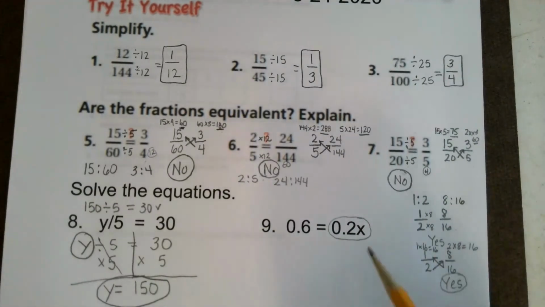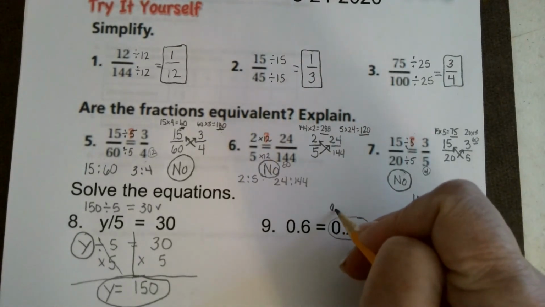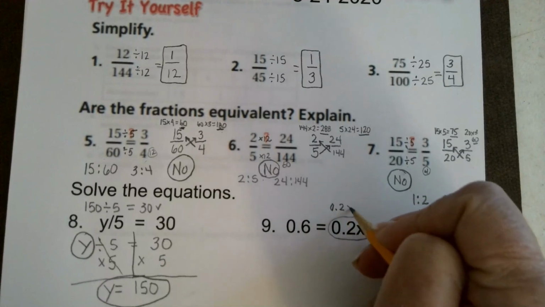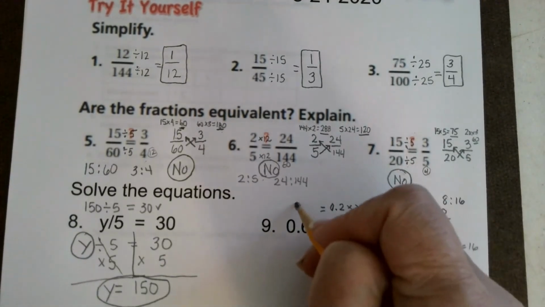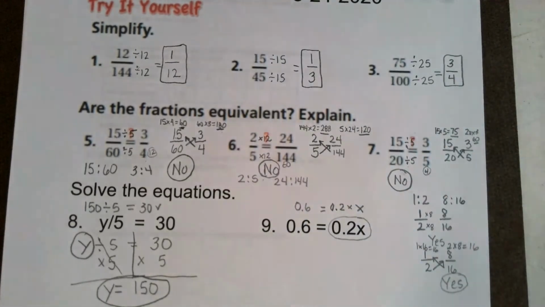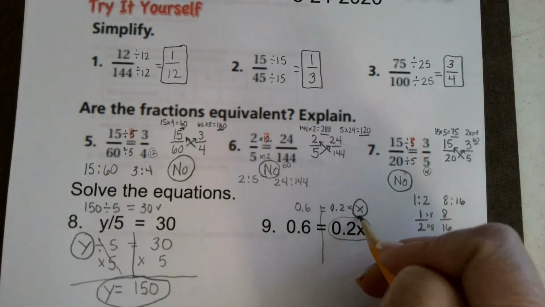And then we've got our variable here. And remember, if there's nothing in between our coefficient, this number, and our variable, that means we're multiplying. So we're doing 0.2 times x, and that's going to equal 0.6. So 2/10 times x is equal to 6/10. We circle that x.